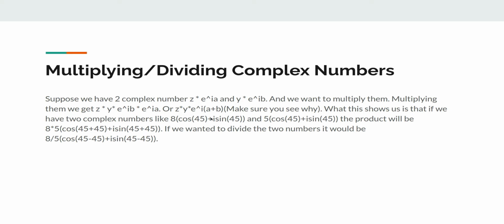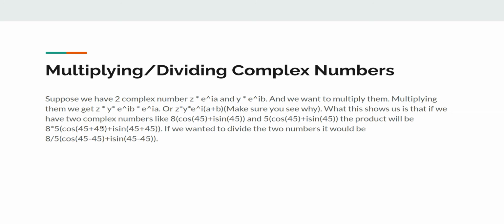The reason I showed that is that if you want to take the product of two complex numbers, say 8 times (cosine 45 plus i sine 45) and 5 times (cosine 45 plus i sine 45), the product will be 8 times 5 times (cosine of 45 plus 45, plus i sine of 45 plus 45), because we add the angles.